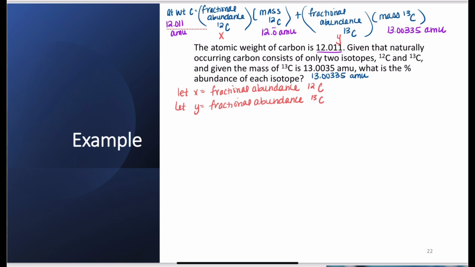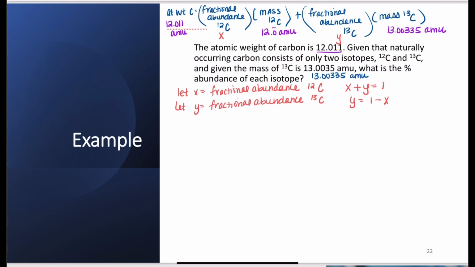If they are the only two isotopes, I know the percent abundance of carbon-12 and the percent abundance of carbon-13 have to equal up to 100%. That means fractionally, X plus Y has to equal 1. I'm going to rearrange this and say, well, then in that case, Y is going to equal 1 minus X.